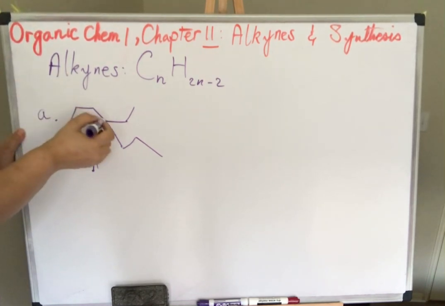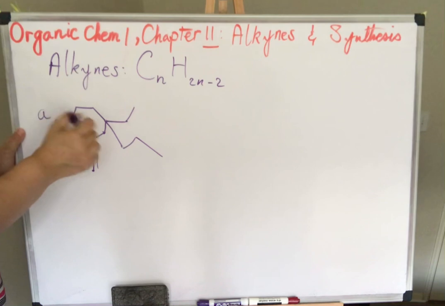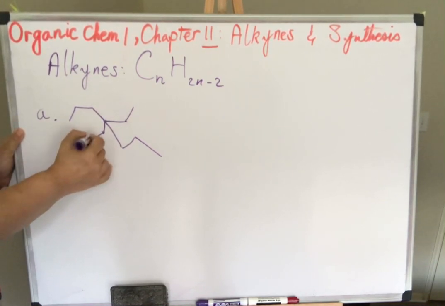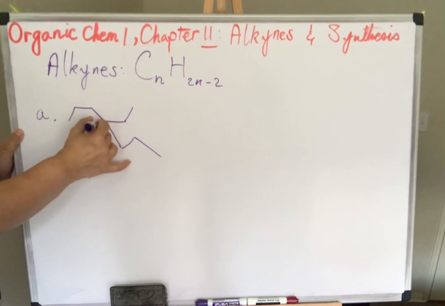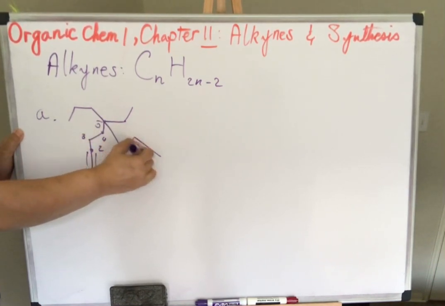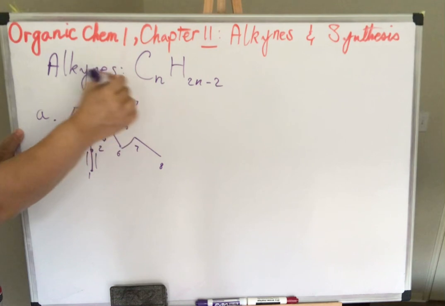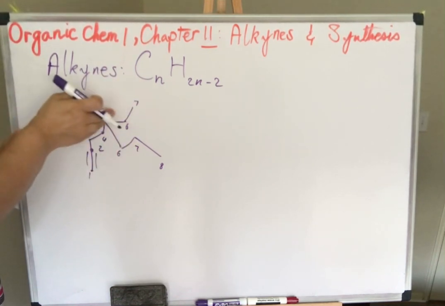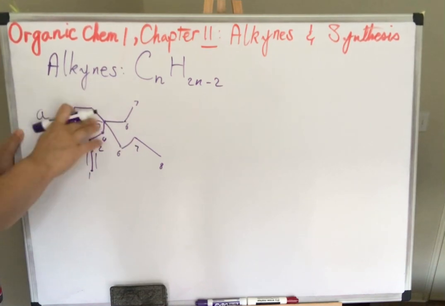Now you have a choice. Let's number them: 2, 3, 4, 5, then 6, 7, 8. It seems like going this way or this way is the same, so why not go towards the right side?